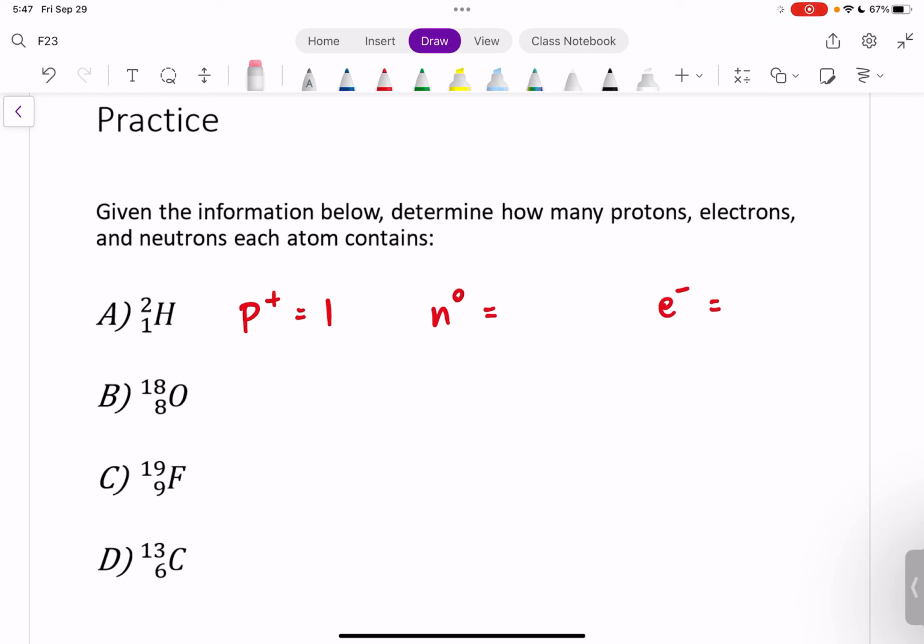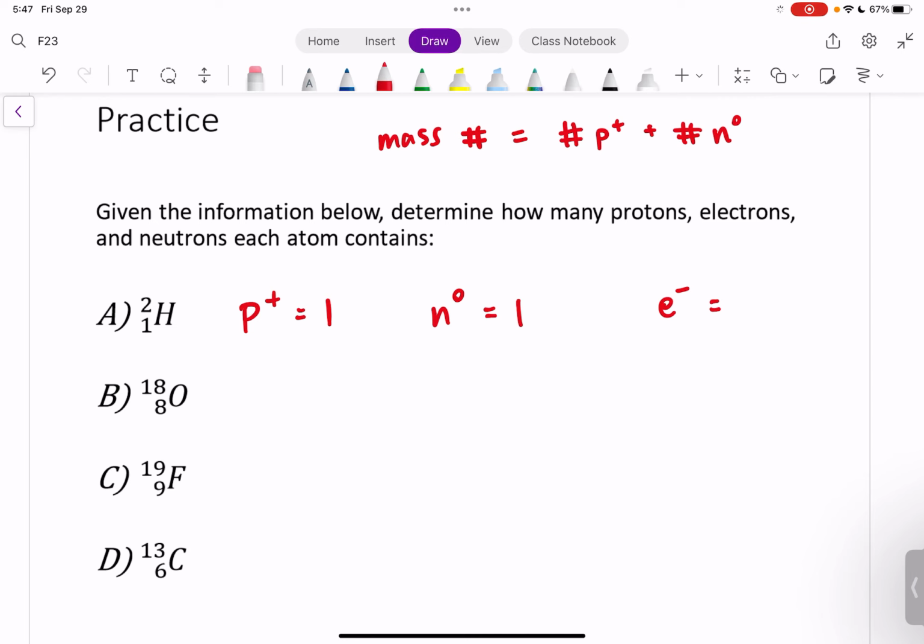All right, what's the top number? Yeah, that's our mass number. And I know that the mass number equals the number of protons plus the number of neutrons. So for this one, my mass number is 2, and I have 1 proton. So how many neutrons? Yeah, 1 neutron.